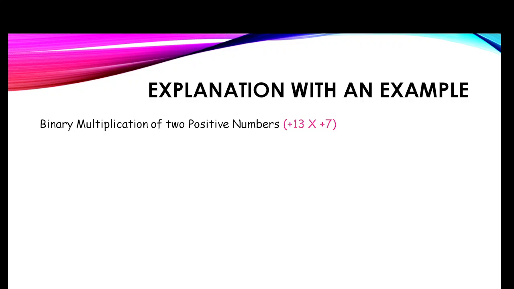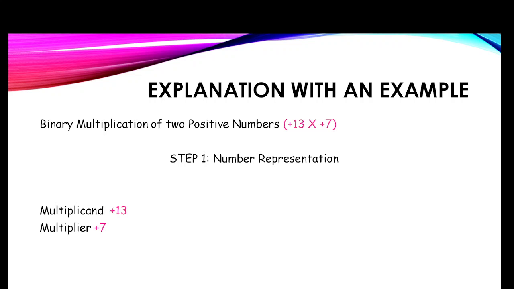So let me show an example of the binary multiplication of two positive numbers, plus 13 and plus 7. Plus 13 is the multiplicand and plus 7 is the multiplier. First, we are supposed to identify the multiplicand and the multiplier, and both the numbers are supposed to be converted into binary format in the form of zeros and ones.